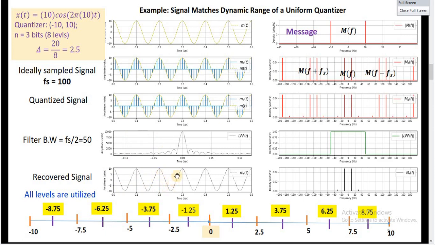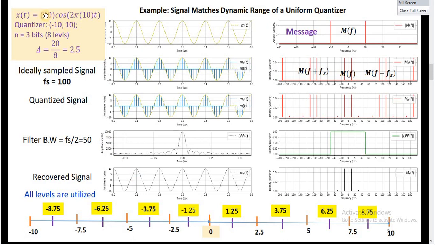This is the recovered signal. As we can see, there is a high level of similarity between the recovered signal and the original message signal. The reason is that our signal matches the quantizer.